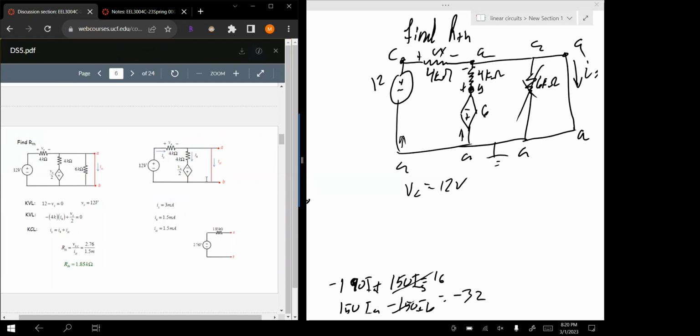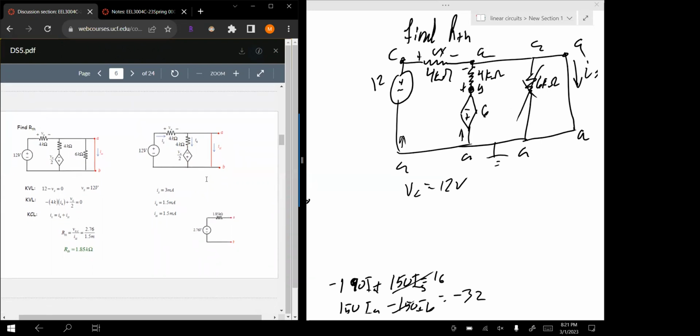4K. Oh, so we just assumed our currents here. So we would KVL 4K I4, V2. Oh, so we KVL this here, and then we KCL.